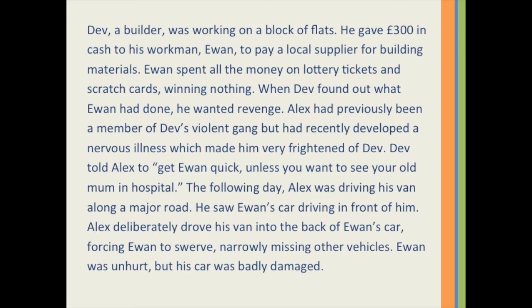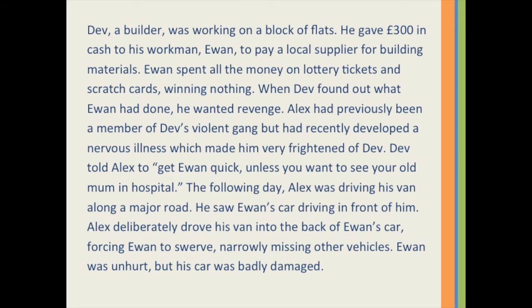Dev told Alex to get Ewan quick unless you want to see your old mum in hospital. The following day, Alex was driving his van along a major road. He saw Ewan's car driving in front of him. Alex deliberately drove his van into the back of Ewan's car, forcing Ewan to swerve narrowly, missing other vehicles. Ewan was unhurt, but his car was badly damaged.